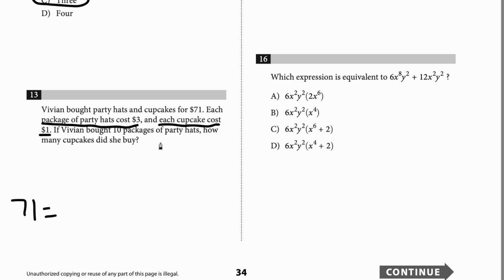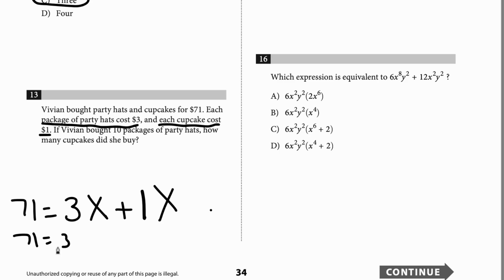So we'll just make the equation for this. We'll put the number of packages of party hats as x, so it'd be 3x, plus each cupcake being 1, so it'd be 1x. If Vivian bought 10 packages of party hats, how many cupcakes did she buy? So we know that x is the amount of party hats, and we know that she bought 10.